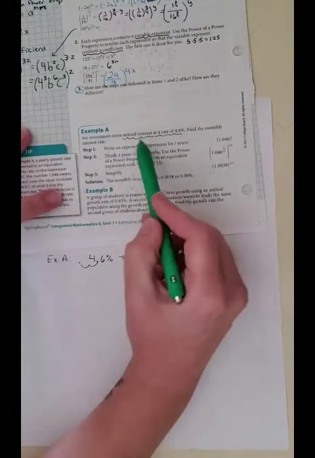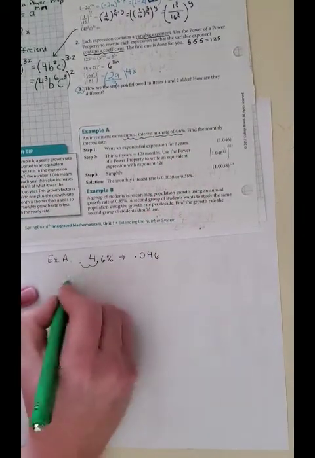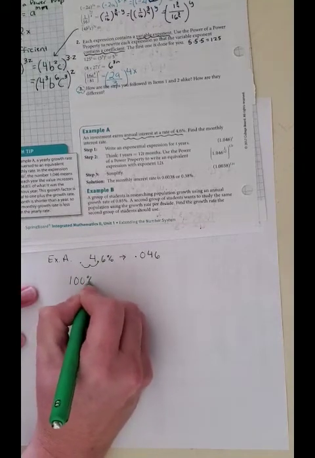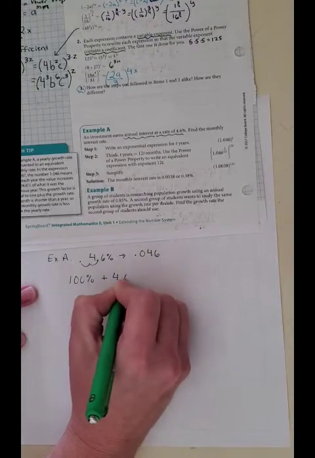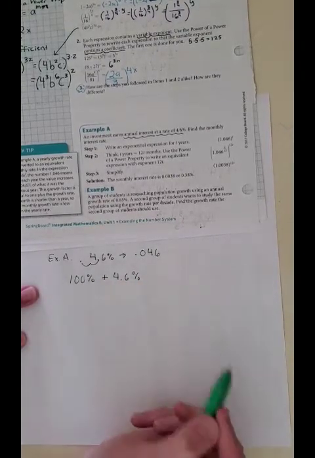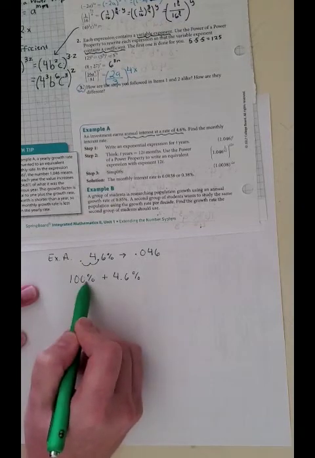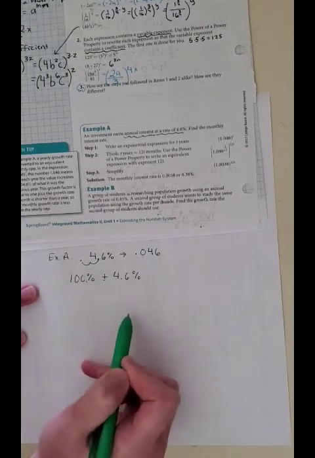All right, now an annual interest rate. So an interest rate means that whatever you invest, you get 100% of your money plus 4.6%. That is how interest works. You get 100% of your money back plus 4.6% of your money.